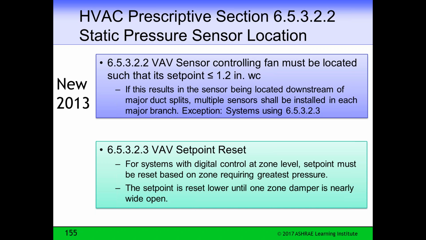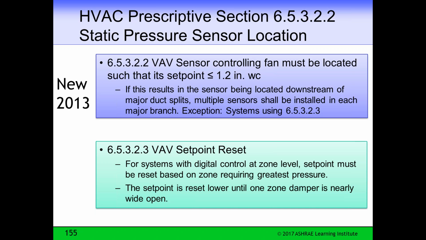Now, we don't control the fan per the box position. We control the static pressure sensor set point per damper position. So the way we'll speed that fan back up is we will change the set point so it won't be satisfied.